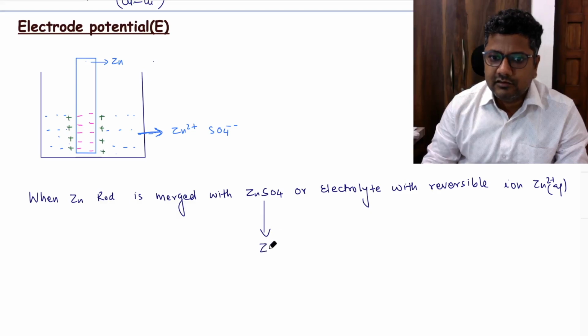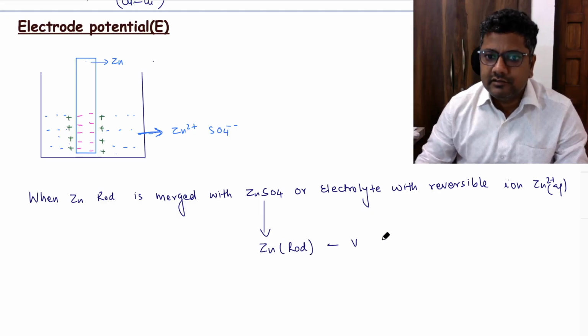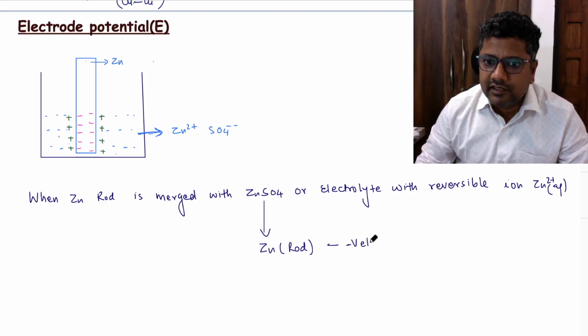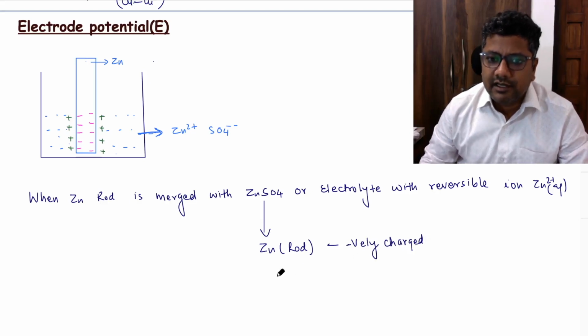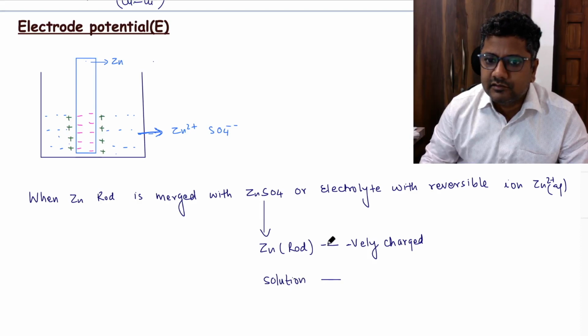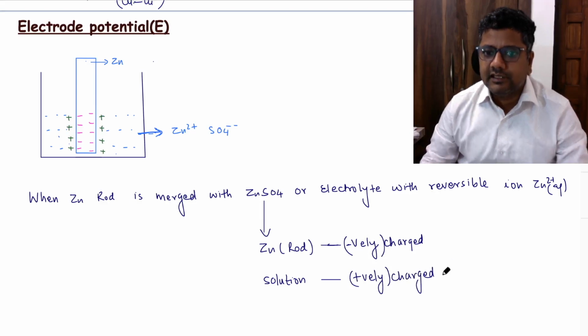The zinc rod is negatively charged, and the solution is positively charged, right?